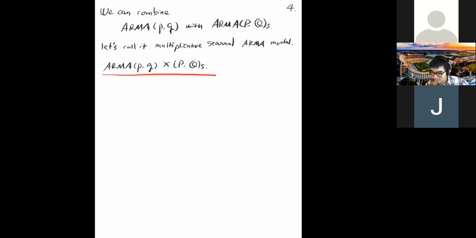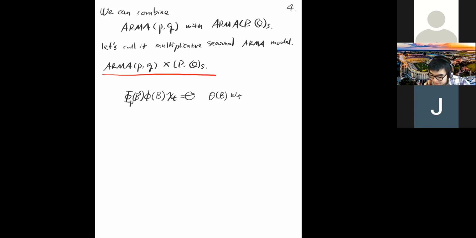Okay. And to write this model, we start with the pure ARMA model. So it's small phi(B) x_t equal to theta(B) w_t. That's the pure ARMA model, right? And then we multiply its seasonal part on both sides.